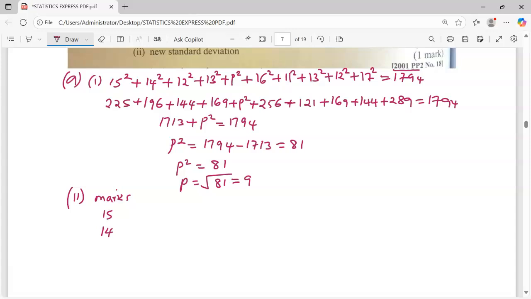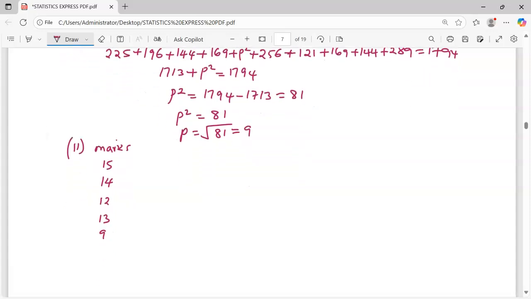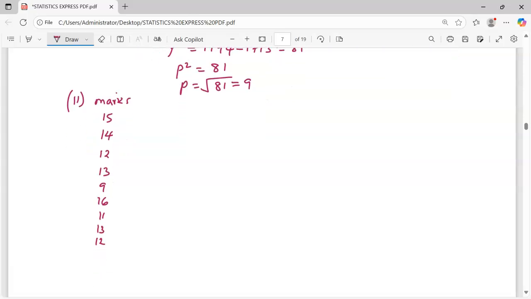We have 14. We have 12. We have 13. We have the value of P, which is 9. Then after 9, we have 16. We have 11. We have 13. We have 12. After 12, we have 17.